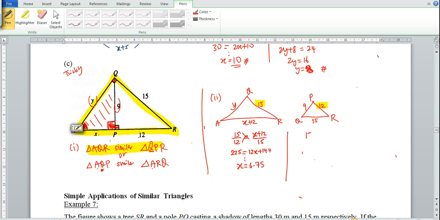The next one, again, I hinge on what I know. 15 over 12 is proportional, having the same ratio as, big over small, so y is big, 9 is small. If I do this, 12y is equal, so y will be equal to 11.25 units.